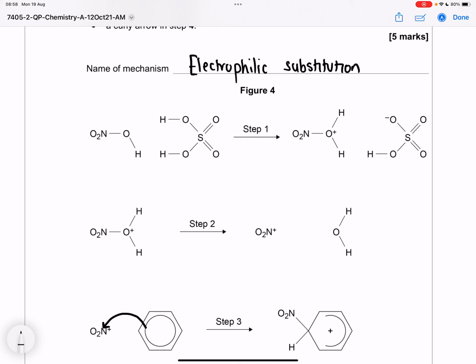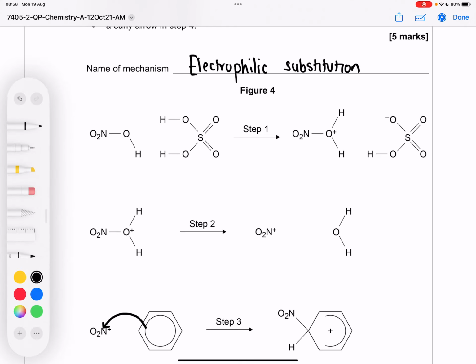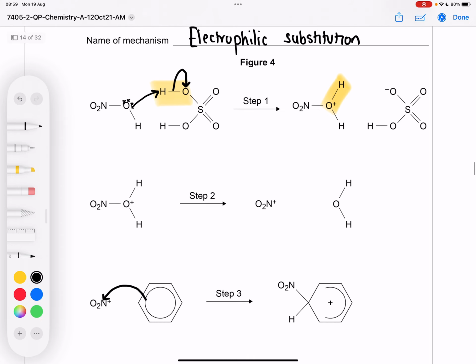If we look from the beginning to the end, we can see that this bond here has been broken, and then a new bond has been formed here. So there must be some lone pairs on this oxygen, and one of them has gone off to fetch this hydrogen to form this new bond, and we need to break this OH bond and put the electrons onto the oxygen so the oxygen becomes negative.